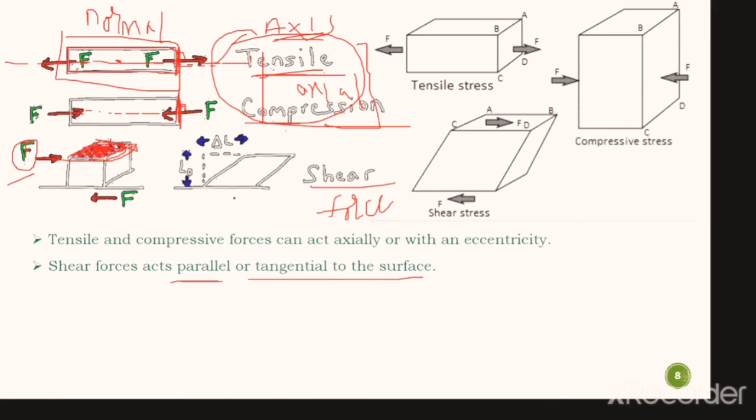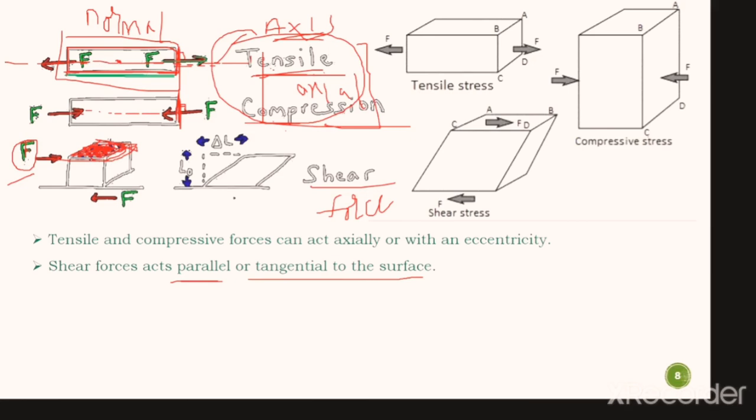So for example, see here, this is the horizontal length. Let me change the color of the ink so that you can understand. So this is the horizontal direction, horizontal plane. So this is the force in the horizontal direction, right? So this is the axis here.